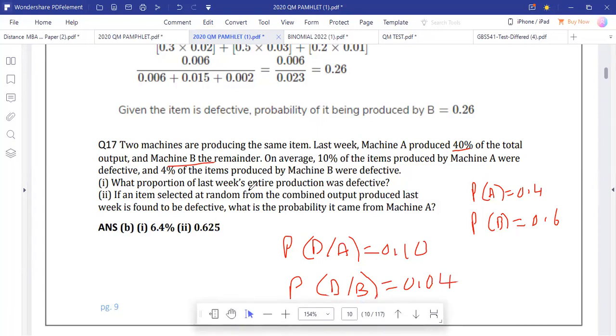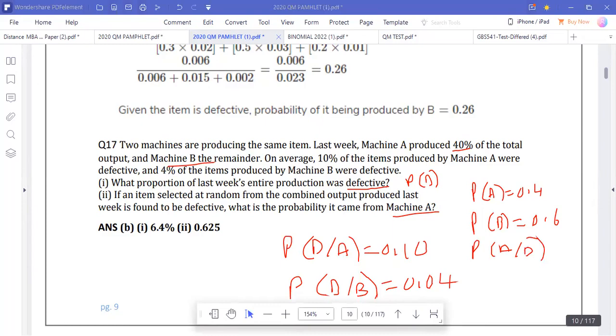What is the proportion of last week which was defective? They're asking for the probability of D. If an item was selected at random, what's the probability that it was found to be defective and it came from machine A? They're asking you for the posterior for this one. They're simply asking for A given D.